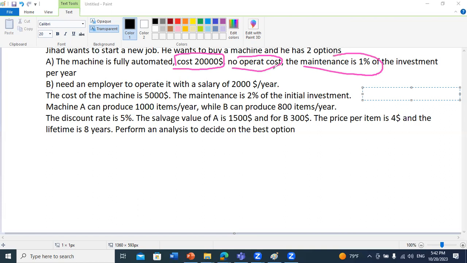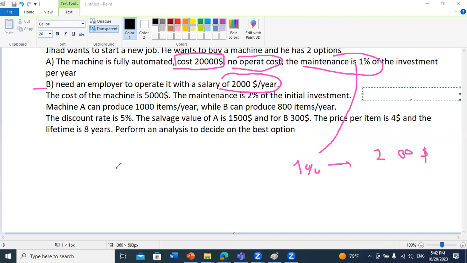This is why when we did the computation of cost in part A, we just considered that we have 1% of 20,000, which is $200. So you have only $200 as maintenance cost and no operational cost. While for option B, since the machine is not automatic, you need an operator to run it, you have to pay a salary of $2,000 per year.